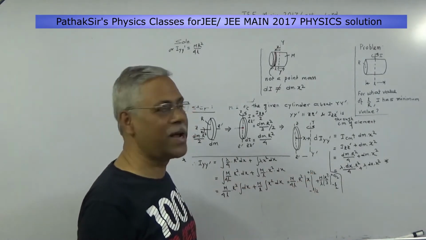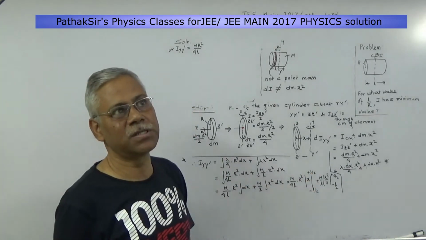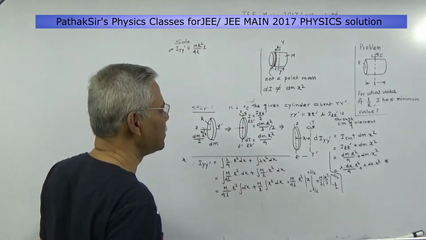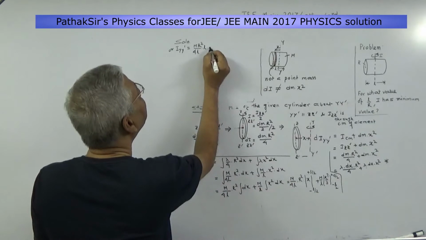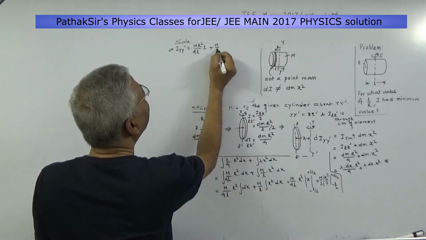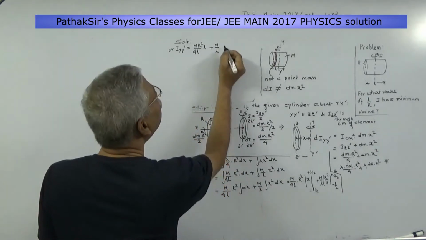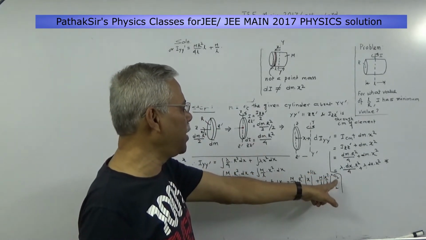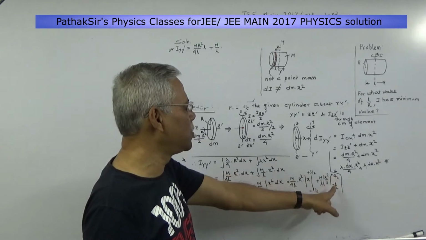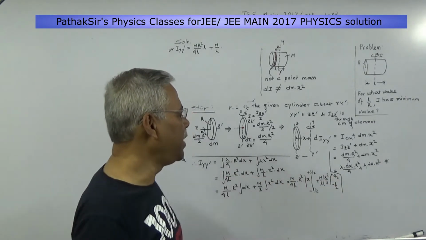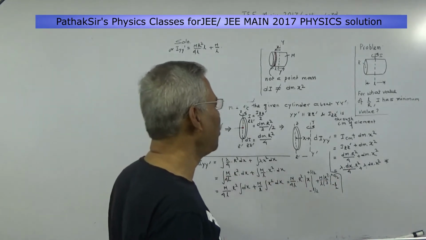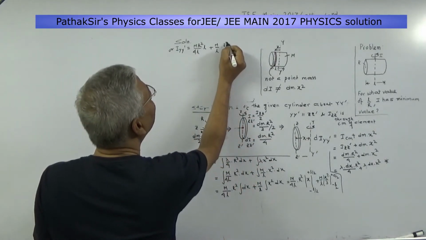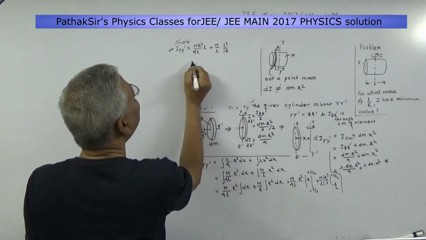So l by 2 minus minus l by 2, that means L into L, plus m by l into l cube by 8, 8 3 is a 2, l cube by 8, l cube by 8 means l cube by 4, 4 3 is a 12, l cube by 12.